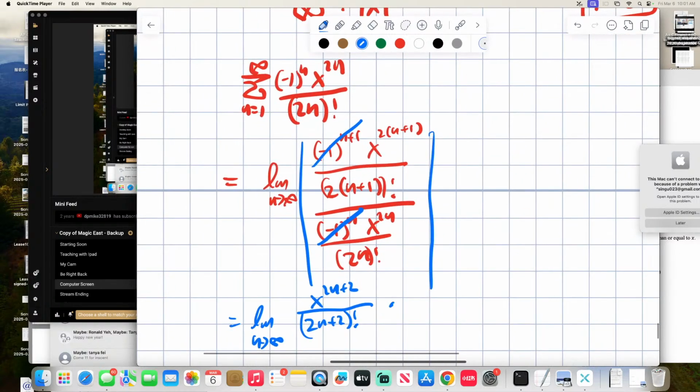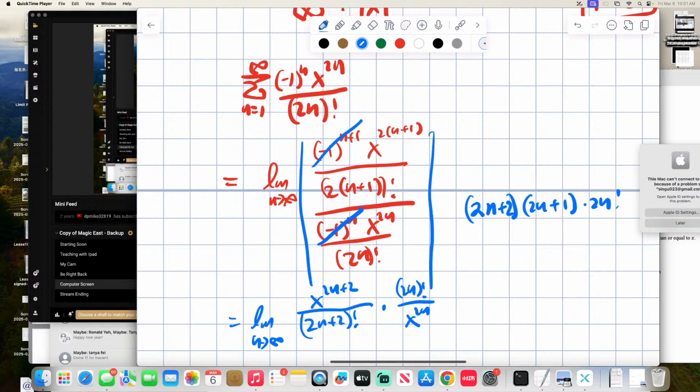And I'm going to flip it. It's going to be x to the 2n, and this is 2n factorial. Now, how do I simplify 2n plus 2 factorial to become 2n factorial? Right, 2n plus 2. Every time you reduce by 1, so it'll be 2n plus 1 times 2n. Does that make sense?